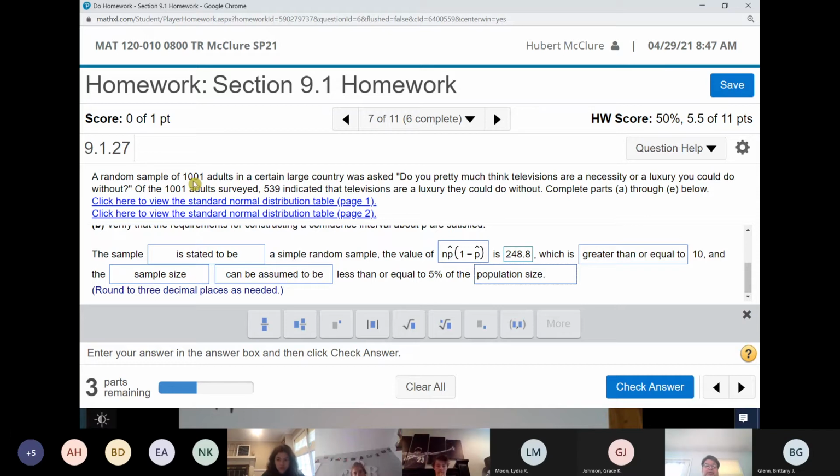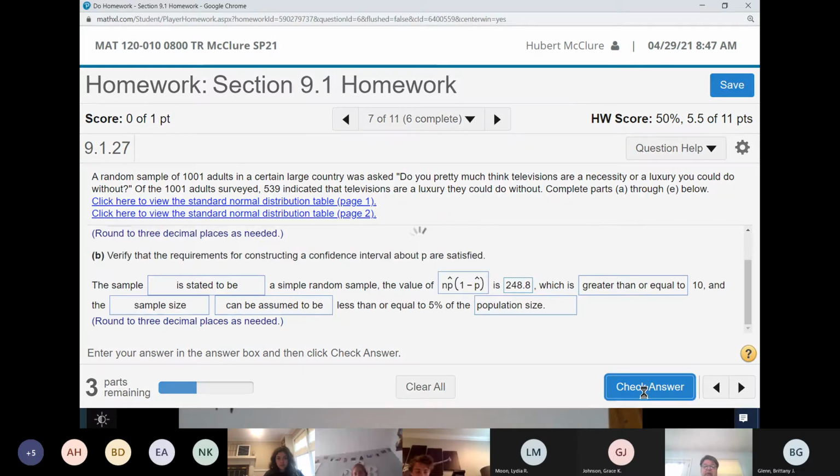Well, 10% of 1,000 is 100. Yes, that's right. So if 10% of 1,000 is 100, 5% would be 50. So is our sample size more than 50? 539, is it? Yes, it's above 50. Okay, so I think that's right.